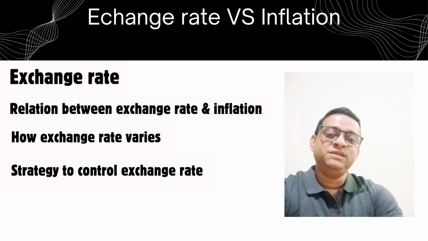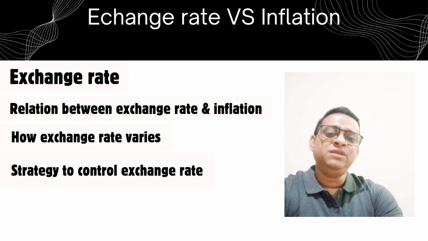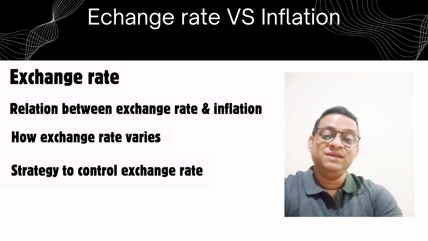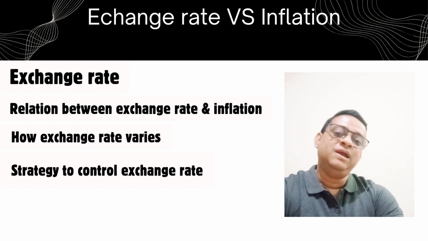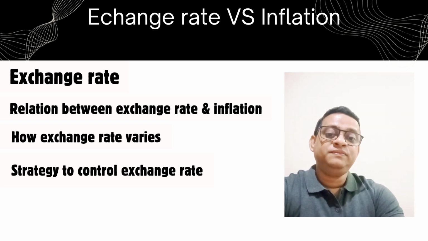Maybe after 6 months that can be 84 or 85 rupees. So the strength of my money, the Indian currency, is gradually decreasing in comparison to the dollar, and the dollar is gradually appreciating. So the exchange rate is clear to all of us.